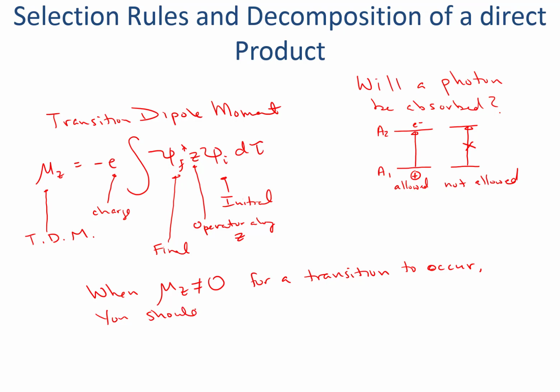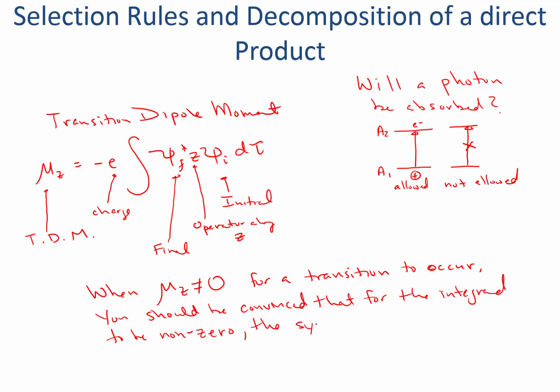You should be convinced by now, especially with these arguments that we've been using for symmetry, for the integrand to be non-zero, symmetry must be A1.